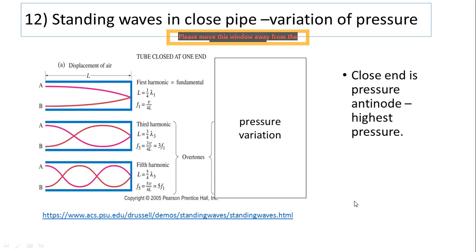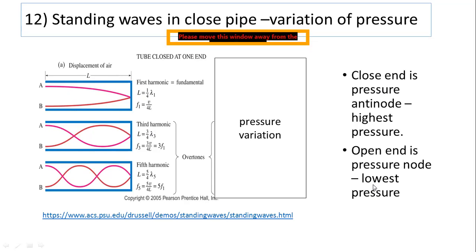Right? Closed end, pressure antinode. Closed end, all the particles are together, so it must be high pressure. Open end, they are antinode, a lot of vibration, so the particles are at lower pressure. Right? So closed end, pressure antinode, highest pressure. Open end, pressure node, lowest pressure.